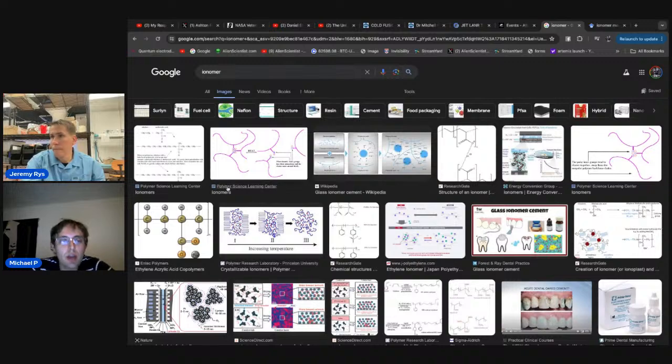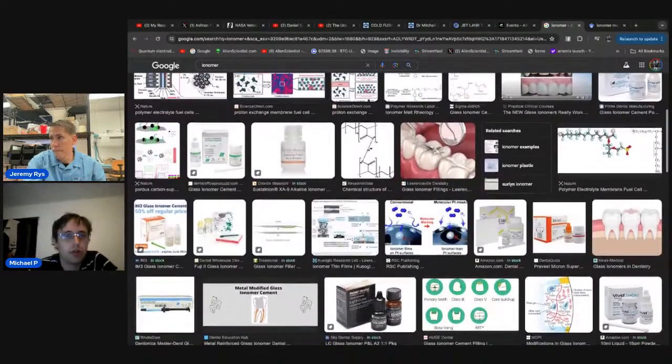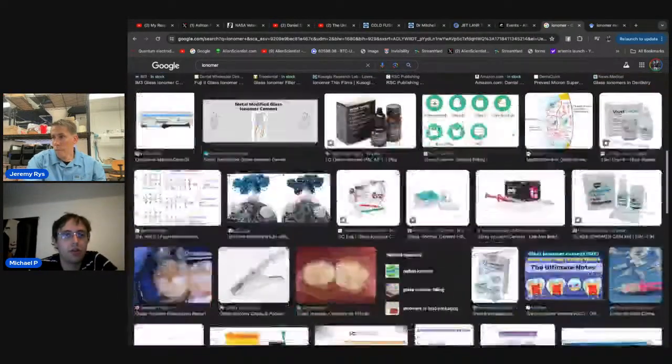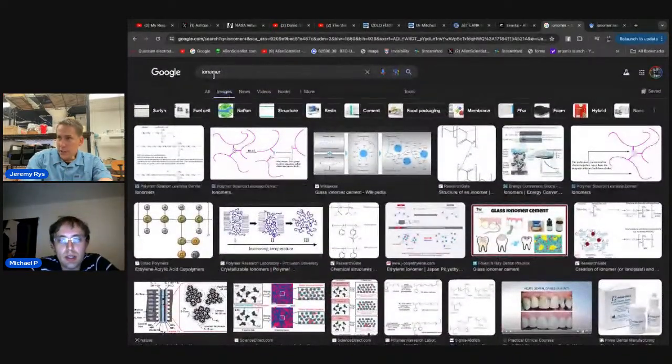Yeah, here you go. See, there's a... Oh no, that's polymer crystallization. Let me see if I can find you a picture. A lot of dentistry stuff, applications for it, for ionomers, I guess. It's not as easy to find work.